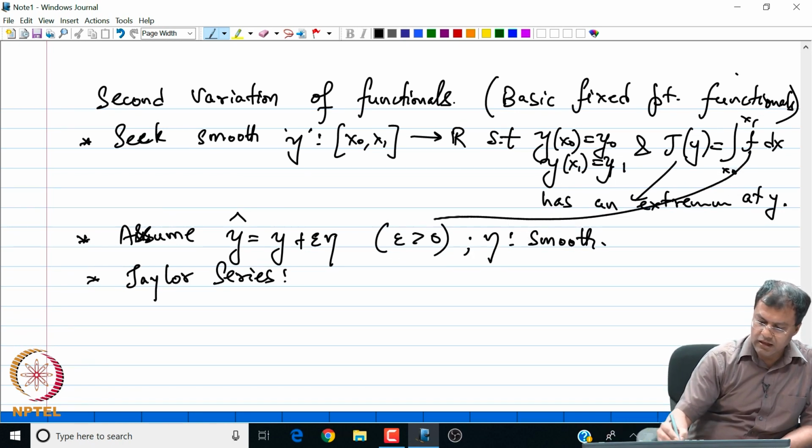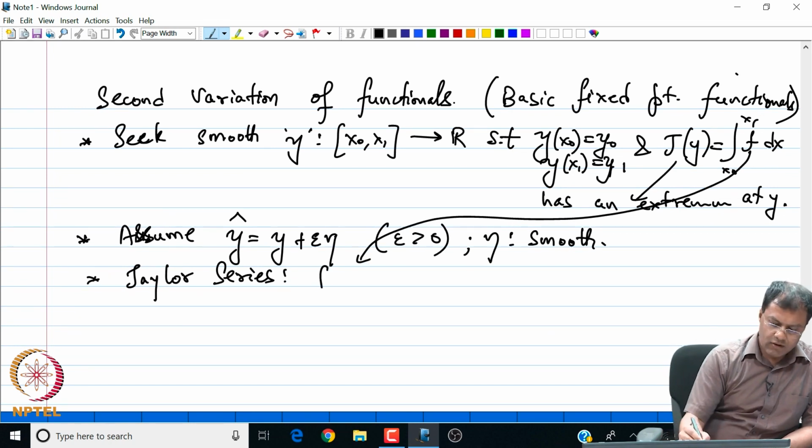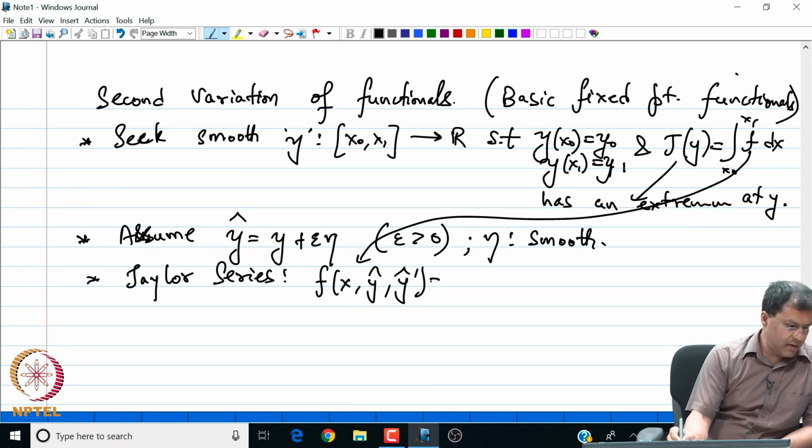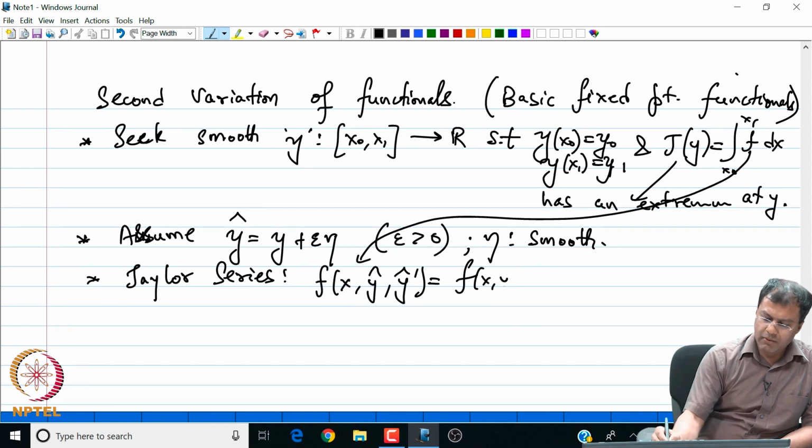We use Taylor series on the integrand of f. So, my f of x, y hat, y prime hat will be f of x, y, y prime.